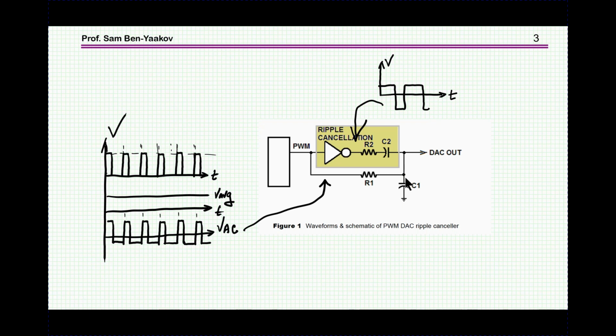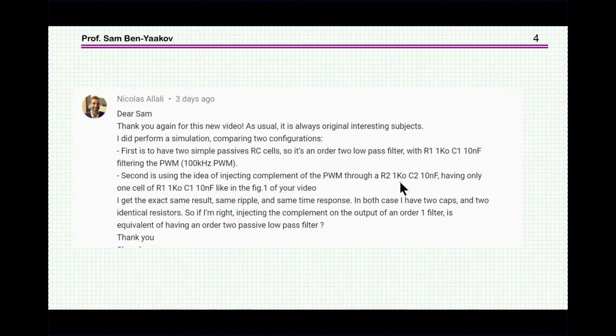But as a matter of fact, as noted by one of the viewers of the previous video, he wrote to me and he said the following. He tried the idea of ripple cancellation and compared it to just a filter with two sections, that is a two-pole RC filter, two RCs in tandem.